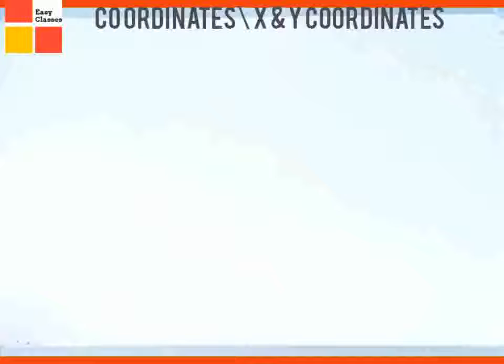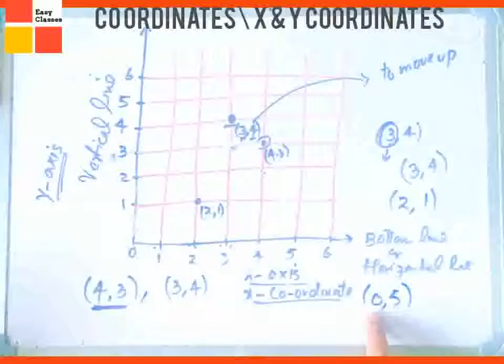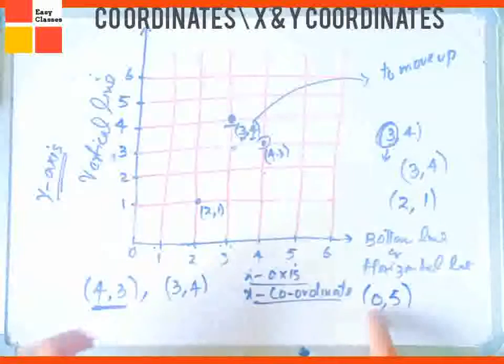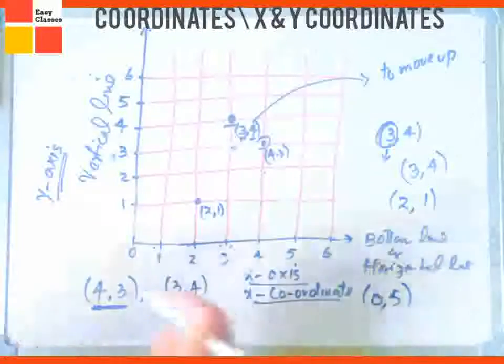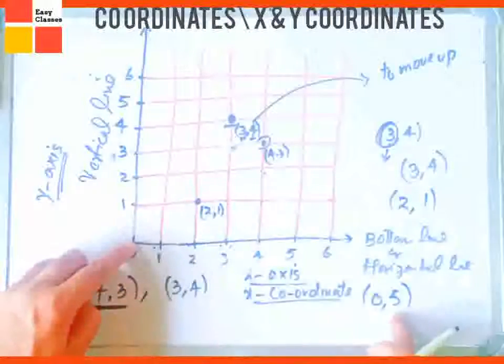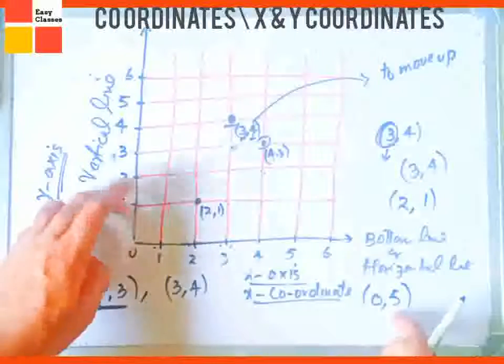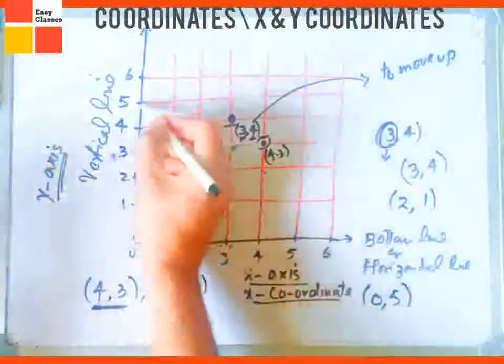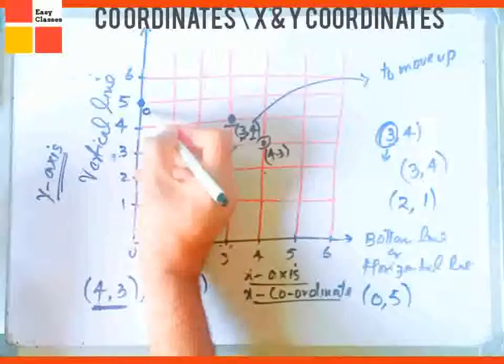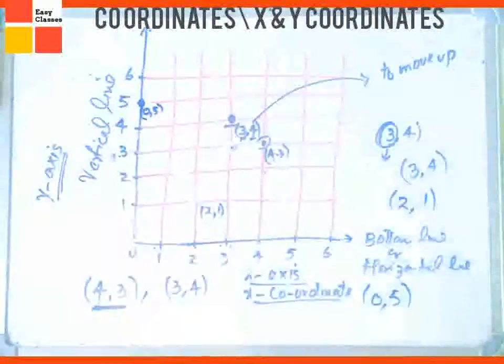Let's take another example, say 0, 5. 0 means its x coordinate is 0, so you do not have to move at all towards the right. So that is here. And 5, so you have to move 5 units upwards: 1, 2, 3, 4 and 5. The position of this point 0, 5 will be somewhere here, right?